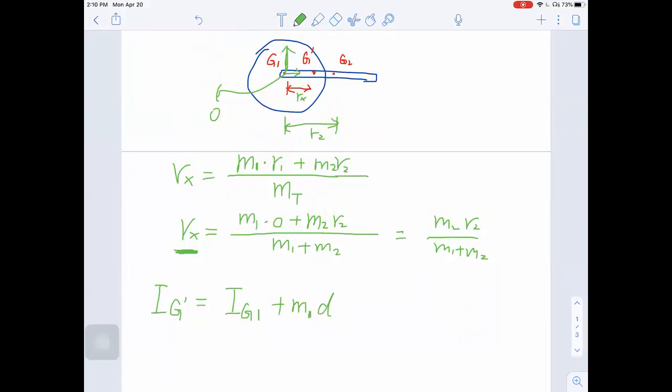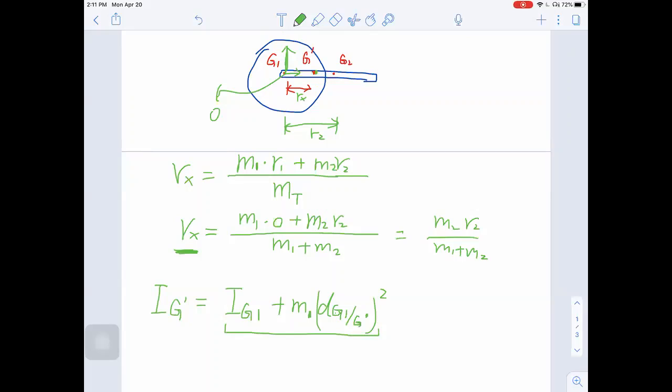This D is the distance between the center mass of the disk and G prime, so this is from G1 to G prime, squared. Remember, if you just look at this, this is the parallel axis theorem.